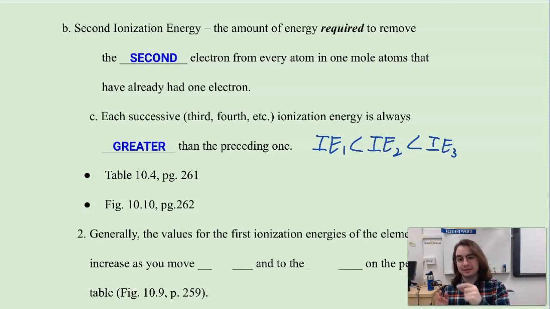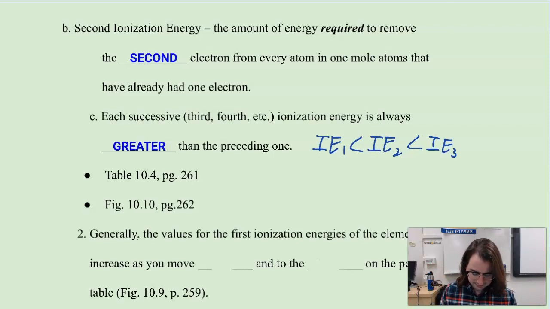And this kind of lines up again with our idea about nuclear charge, right? The more electrons I remove from the outside, the tighter the protons can hold the remaining electrons. That's a relationship between the electrons and the protons. So that relationship is really important.